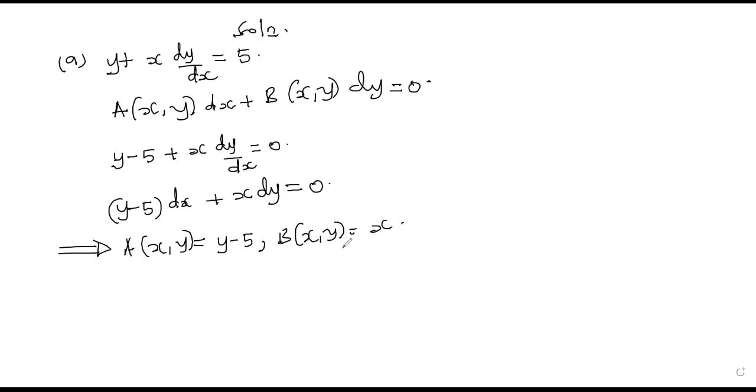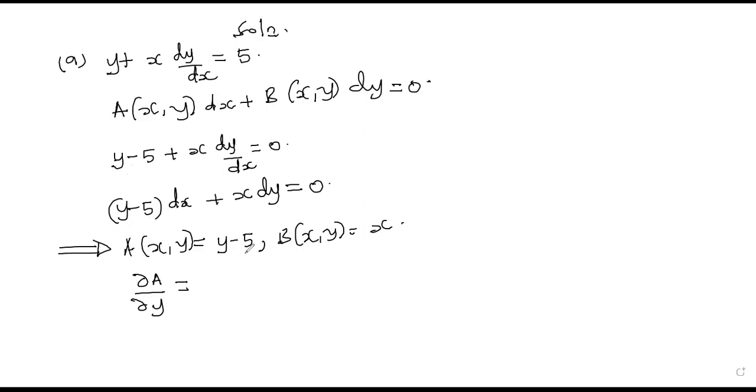Now looking at these two, we are going to look for ∂A/∂y. When we say ∂A/∂y, it means that you're differentiating A with respect to y. So we have y minus 5.